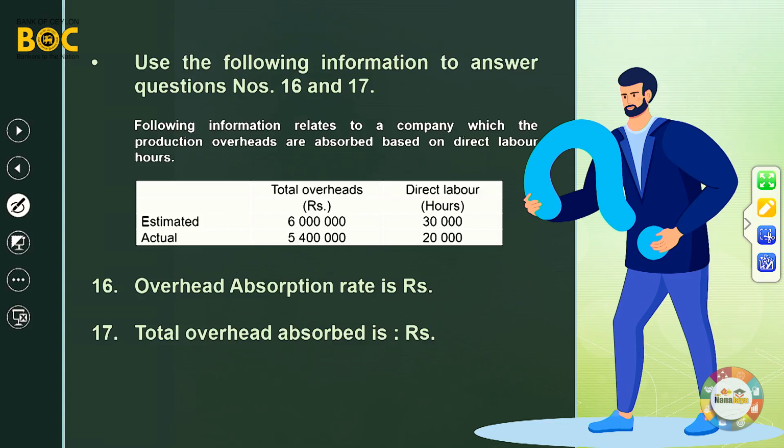Here you have estimated details, total overheads and estimated direct labor. How do they absorb overhead? Overhead is absorbed on direct labor. Now the first one, the overhead absorption rate.